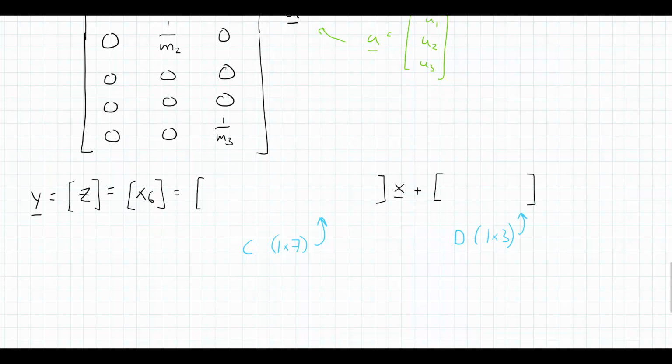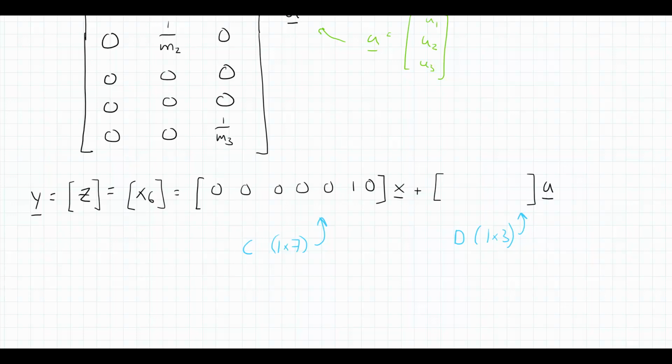Right, so again, 1 row in each because we have one observable, namely z, also known as x6. C is 7 columns because we have 7 state variables. D is 3 columns because we have 3 inputs, and that gets multiplied by the u. All right, so now we can fill in the details. How do we get this Cx plus Du to be just x6? Well, it's 1, 2, 3, 4, 5, 6, 0.